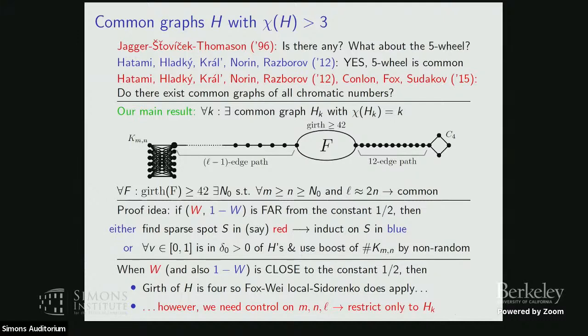So in order to make these 2 options cover really all possibilities of graph on W, we need a stronger statement. We need a statement where the locality bound would be independent of these parameters.